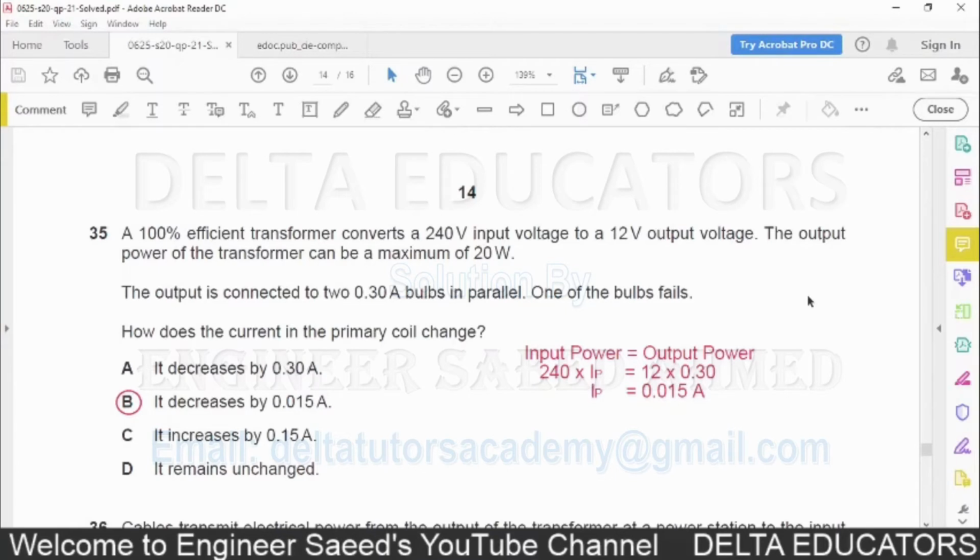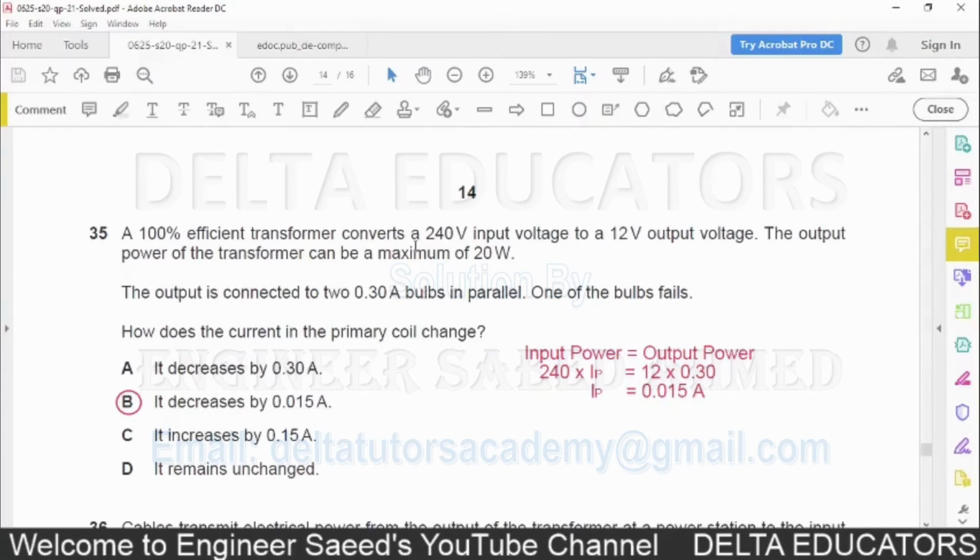So input power will be equal to the product of input voltage and input current, and output power will be equal to the product of output voltage and output current. Now it is asked how the current in the primary coil changes. Means here we have to find out the input current, or the current on the primary side.